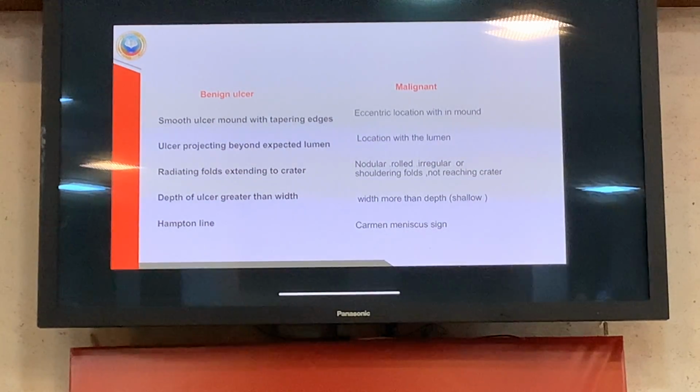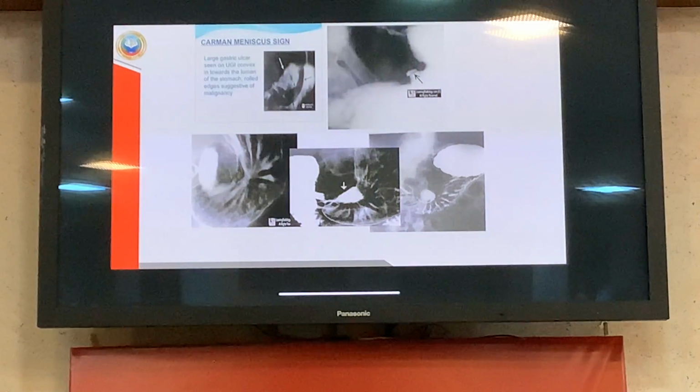While in the malignant: eccentric location within the lumen, irregular shouldering, and a cone reaching to the crater. Look for this picture. This is the fold radiating to the ulcer, reaching the ulcer crater or not.